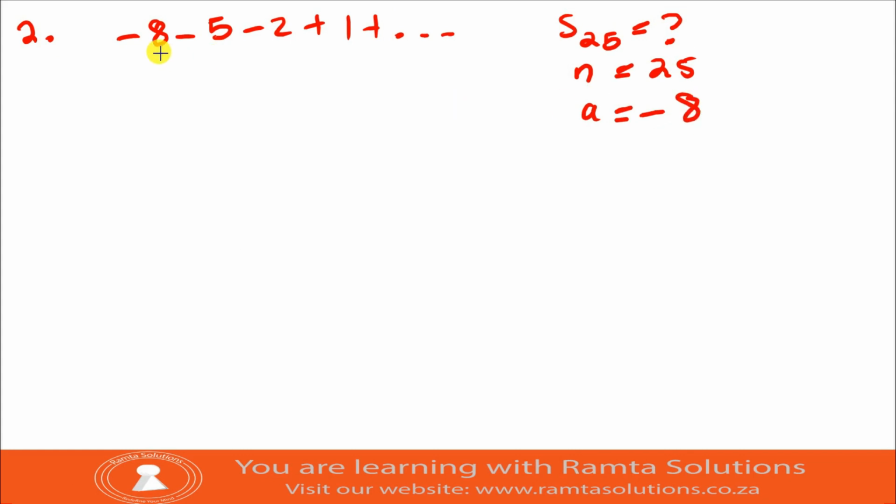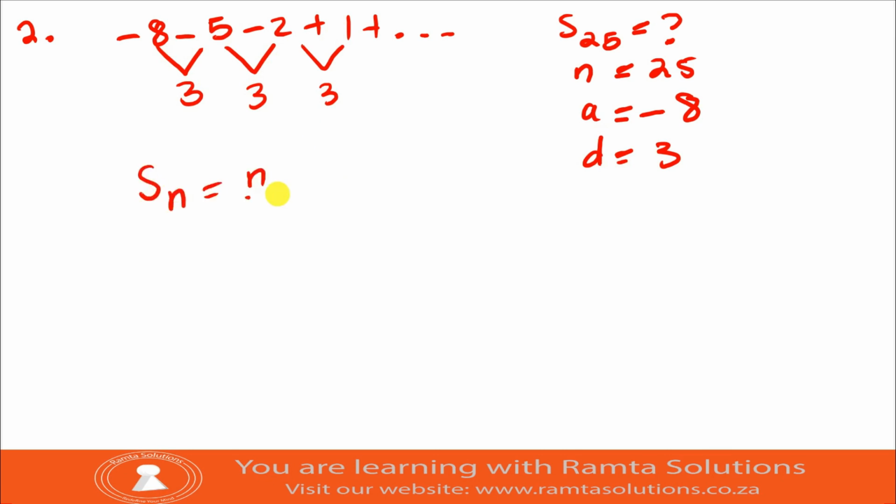What is our common difference? Minus 5 minus minus 8 is 3, so our common difference is 3. We don't know the last term of this one, so I will use this formula: Sn equals n over 2 into 2a plus n minus 1 times d.